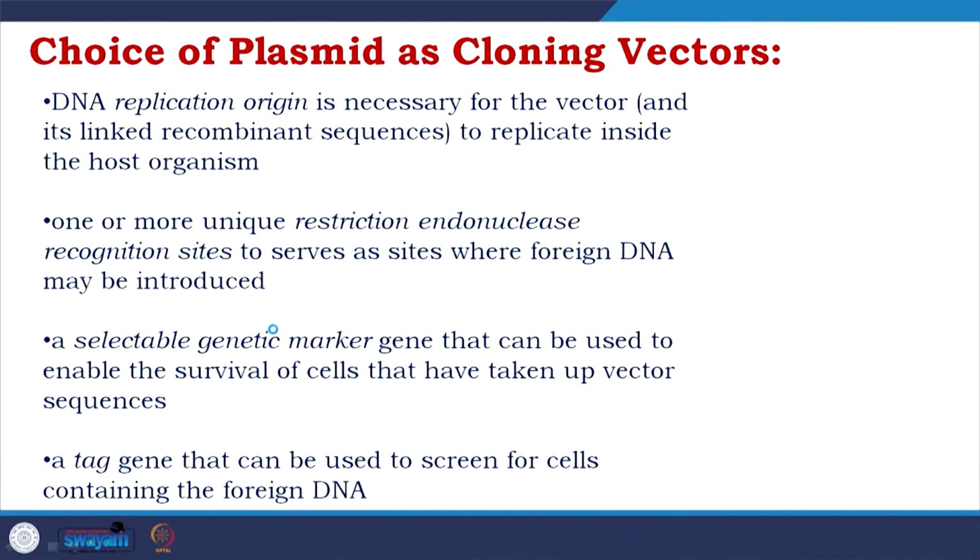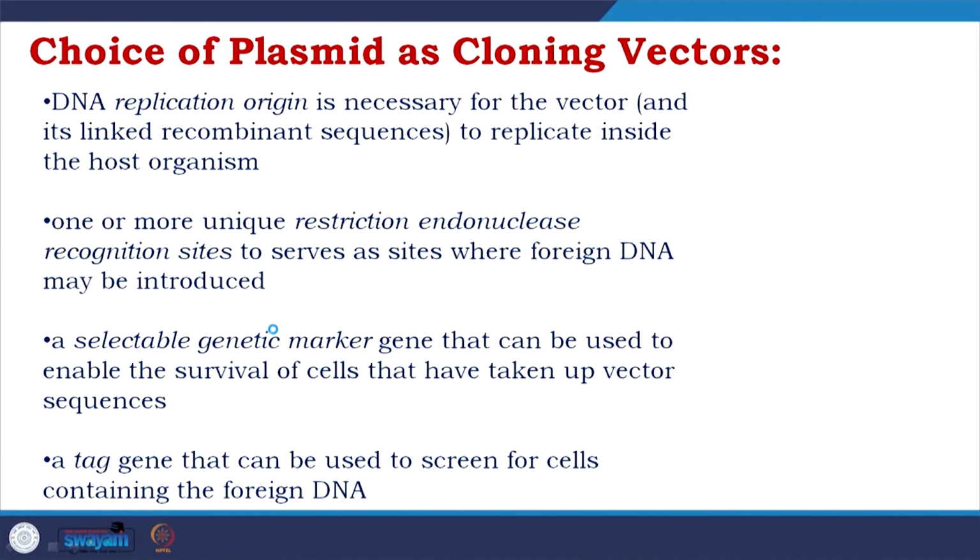So, that is the selection. If you have a wild type E. coli and you have your E. coli, you grow them in ampicillin, penicillin, the vector containing E. coli will survive, whereas the wild type E. coli would not survive. A tag gene that can be used to screen cells containing the foreign DNA.